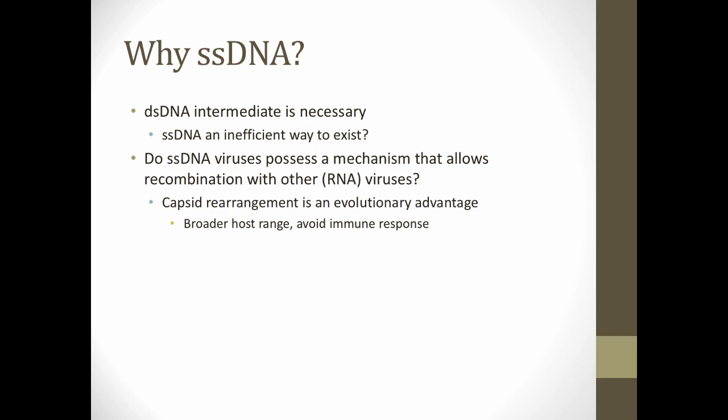And if you can find a new host that you haven't been evolving with for millions of years, that's likely an evolutionary advantage because that host won't be ready to counter your genome or your approaches to replicating your genome. So potentially, these single-stranded DNA viruses are able to quickly access new and broader host ranges, which allows them to avoid immune responses or detection by cells.